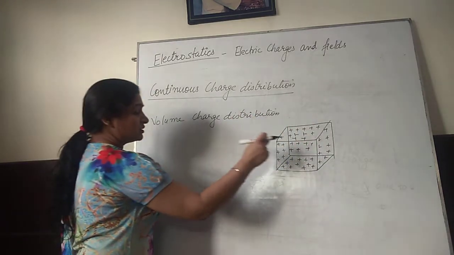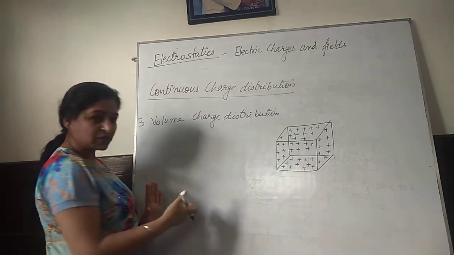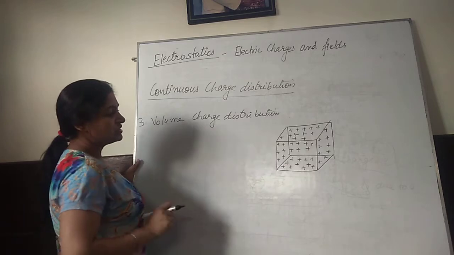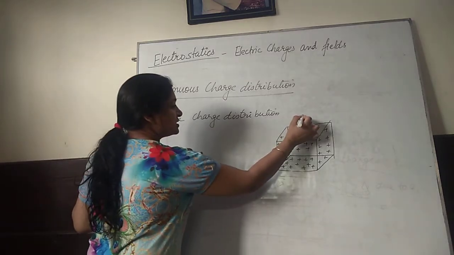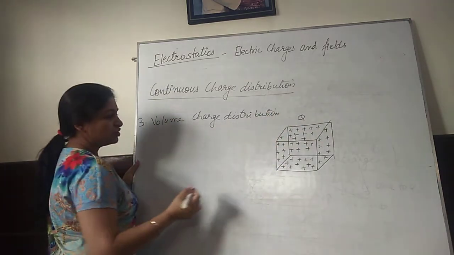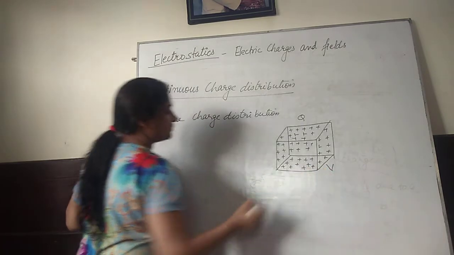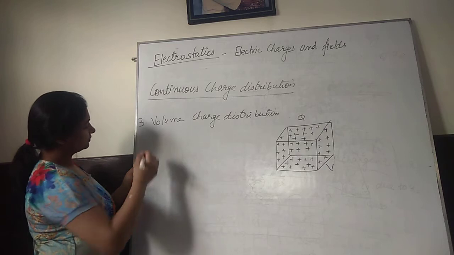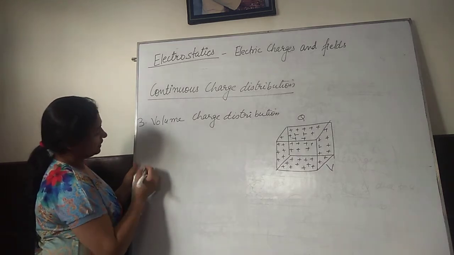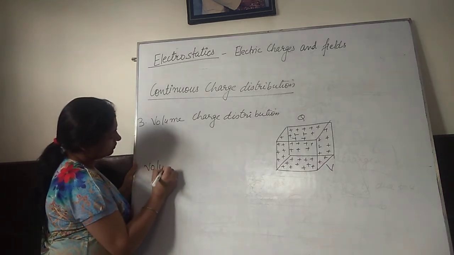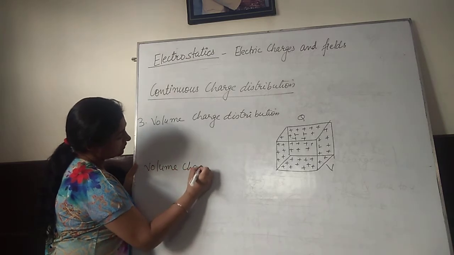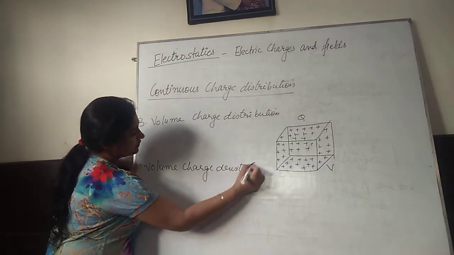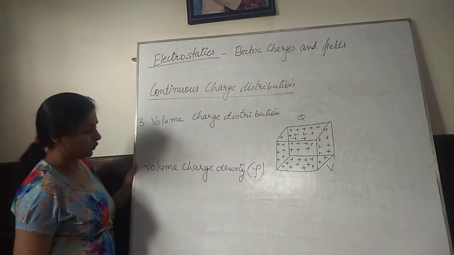So here the charge is inside the solid cube we are considering, and everywhere inside the solid also the charge is distributed. Now let us consider charge Q is distributed on volume V. So here also I need one constant parameter, and for that I can define volume charge density, and the symbol is rho.